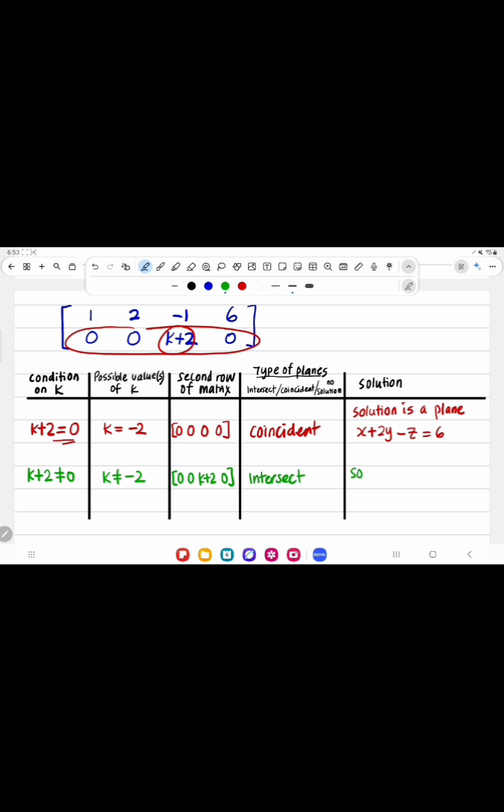And the solution is a line. And the equation of the line of intersection is xyz equal (6, 0, 0) plus t (negative 2, 1, 0).